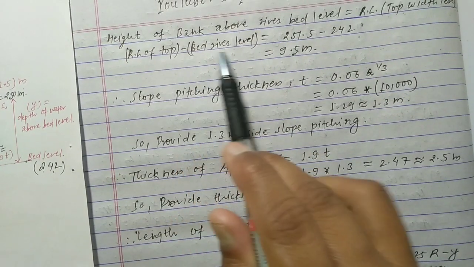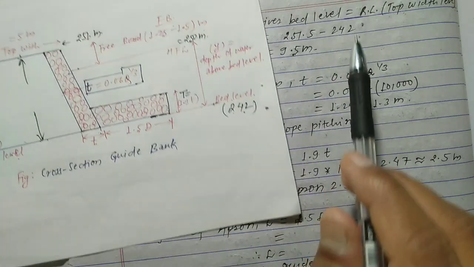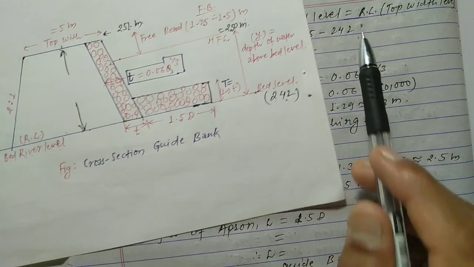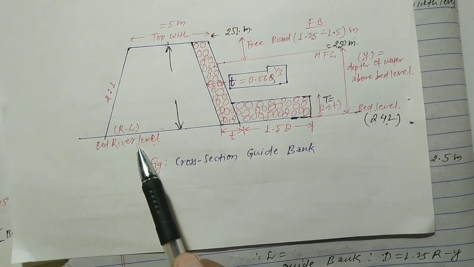Okay, so the height of the bank above the river bed is equal to 251.5 from here minus 242 at the river bed level.